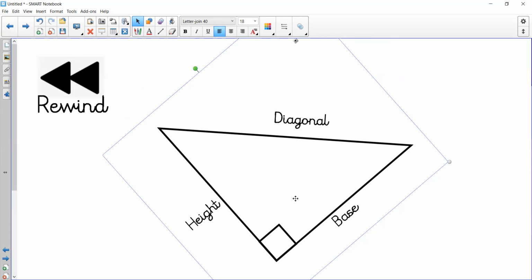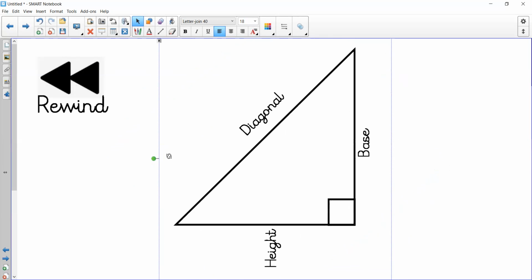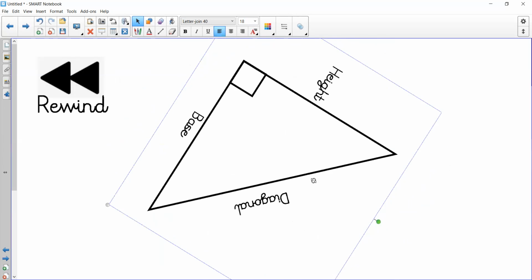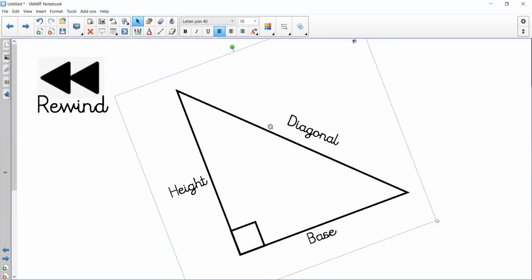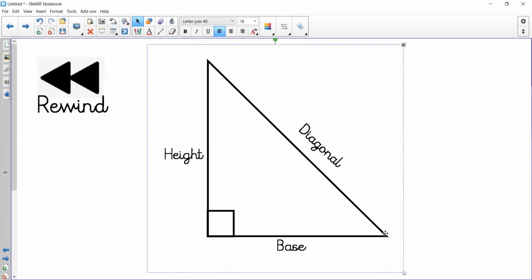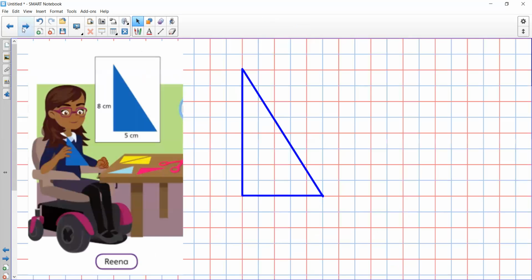I just need to flip my head round so I can then see the base and the height. In this way round, this will become the base because it's sat beautifully on that there, and then this will be the height that way. But it doesn't matter which way round it's flipped, that is still going to be a diagonal line. So don't get tripped up by that line today. All right. Right, moving on to the first question then.